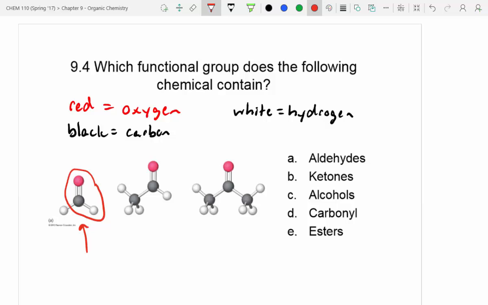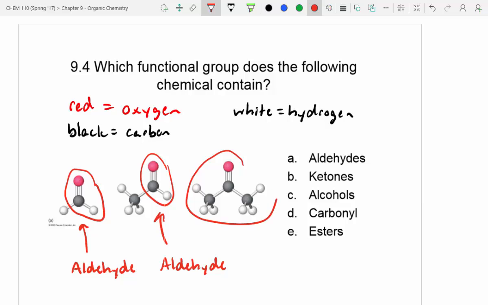Is it going to be a ketone? Nope. Aldehyde. What about this one? Looks about the same. It's an aldehyde. What about this one where you've got carbons on both sides? It's going to be a ketone.